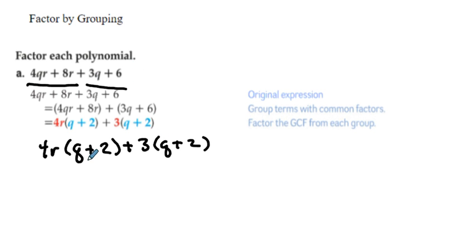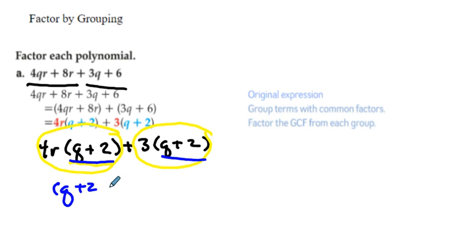And so now you actually have another greatest common factor that you can pull out. So now you think of this as one big term, and you think of this as one big term, and you say, what do these 2 both share? Well, they both share this. And I can pull that out front. And so instead of pulling one thing out, you're pulling this group. So I'm going to pull q plus 2 out front.